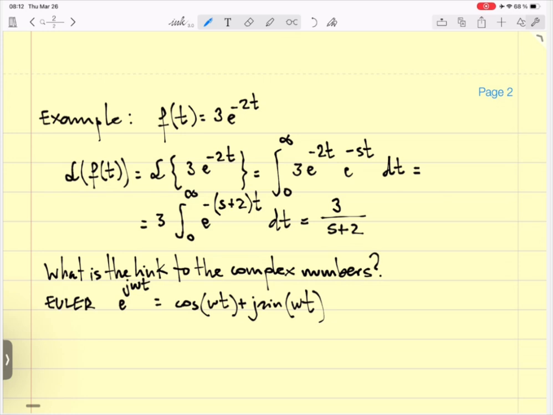The Laplace transform of e to the j omega t, as we have seen from above, is 1 divided by s minus j omega.